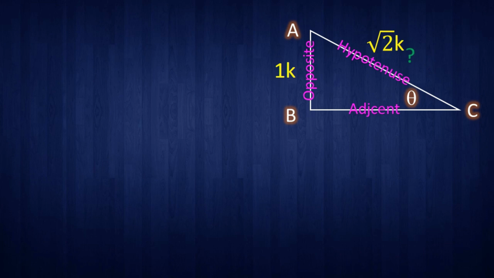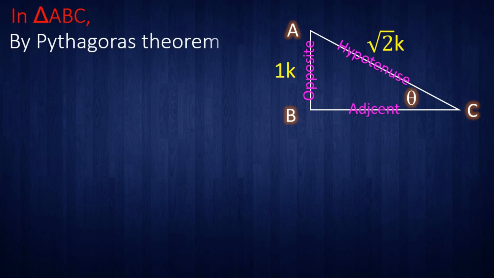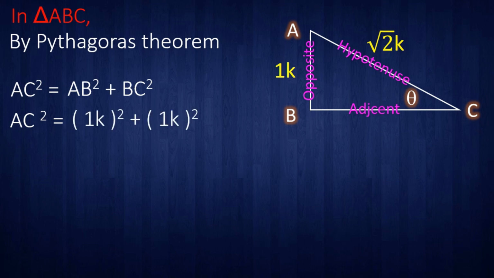Students, AC we have to find out here. By Pythagoras theorem, AC square is equal to AB square plus BC square. AC we don't have. AB value is 1k and BC value is again 1k.